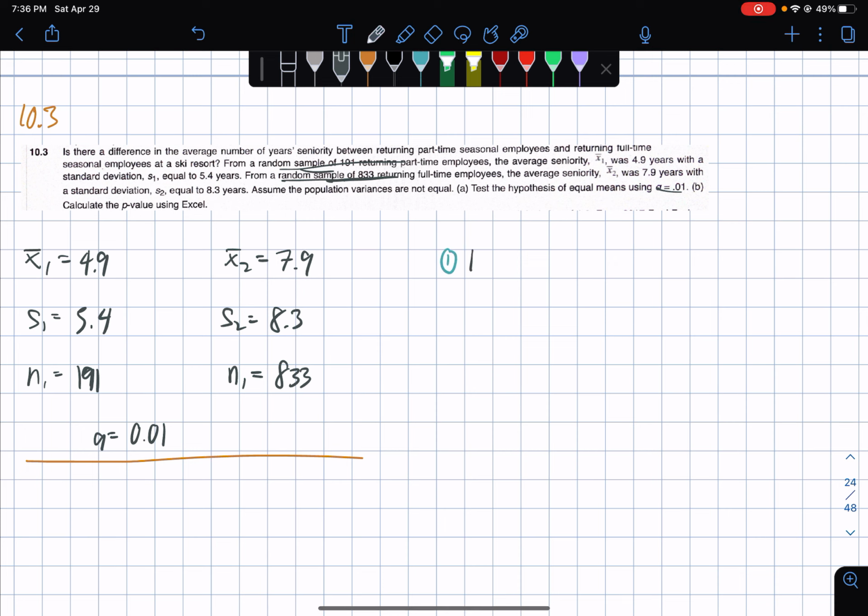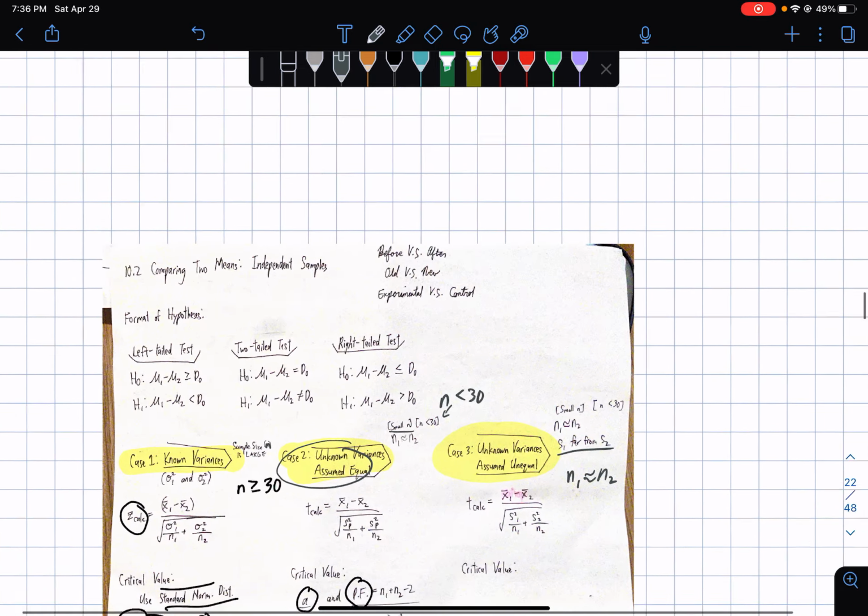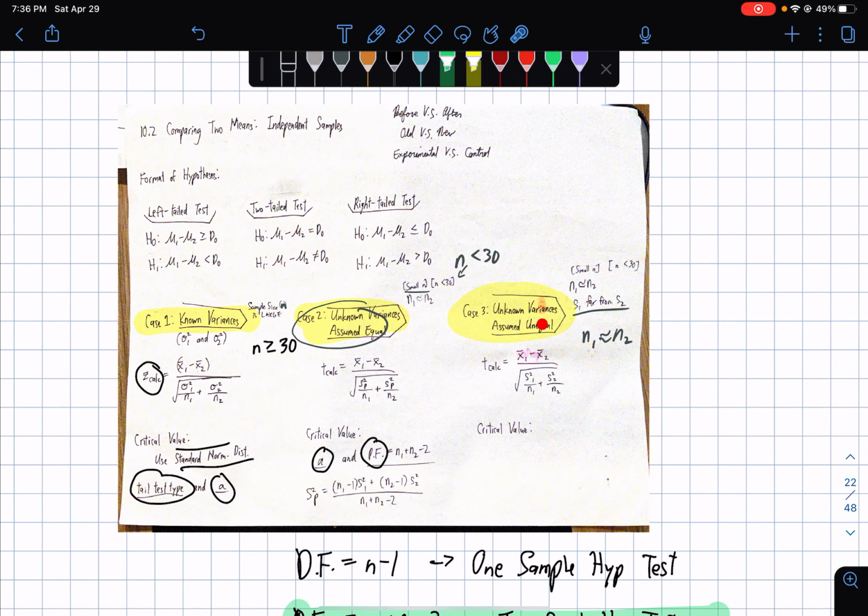So step 1, the hypothesis, the null and alternative, H0 again, and we use mu1 and mu2. By the way, let's determine first which type of tail test this problem is. Assume the population variances are not equal. This may suggest what case we're going to use, which among these three we'll be using.